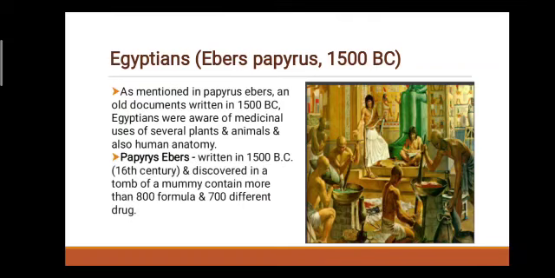Papyrus Ebers, written in 1500 BC, and discovered in a tomb of a mummy, contains more than 800 formulas and 700 different drugs.